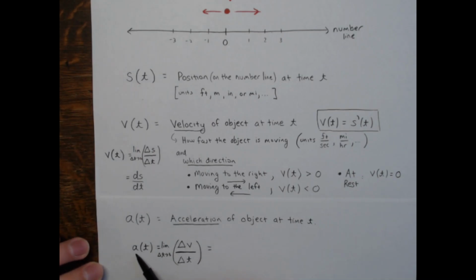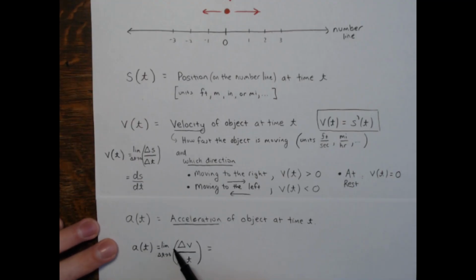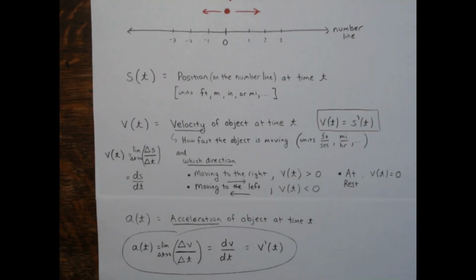So our acceleration at any particular time is simply the derivative of the velocity function, dv over dt, or v prime. So the acceleration of an object at any given time is the derivative of the velocity, which you could also say was the second derivative of the position.